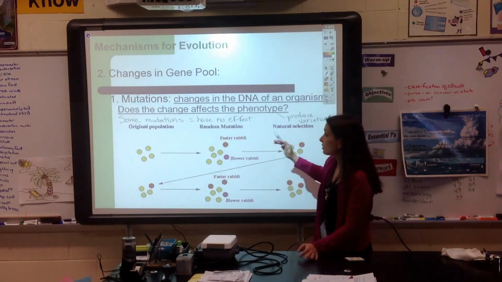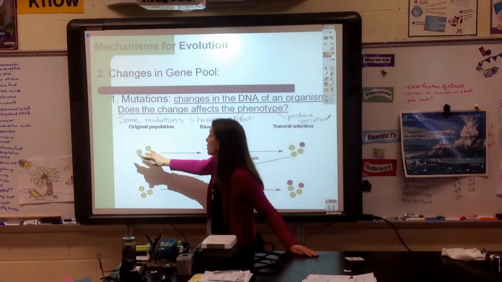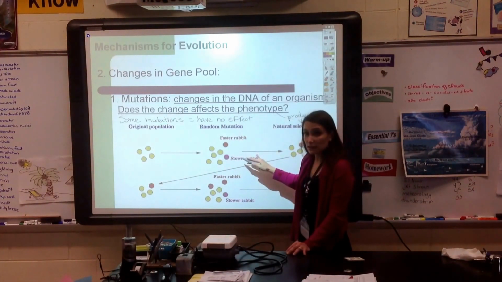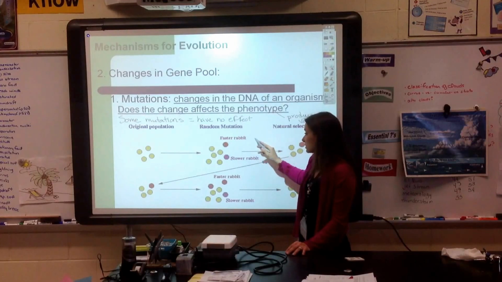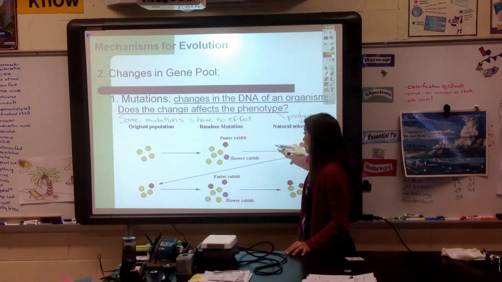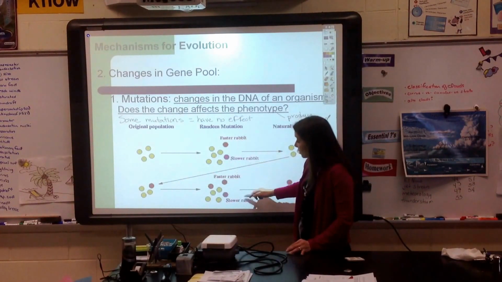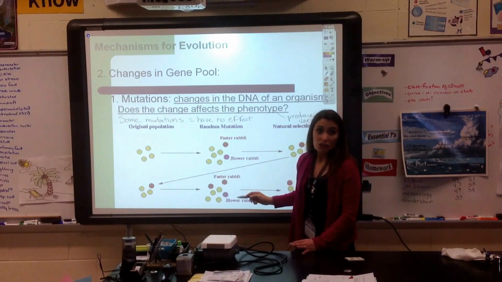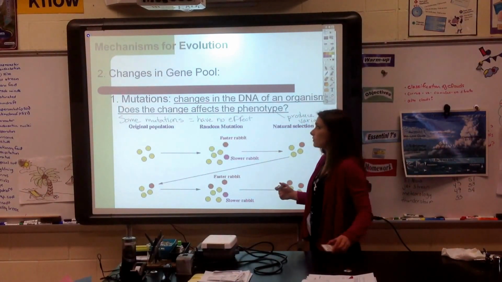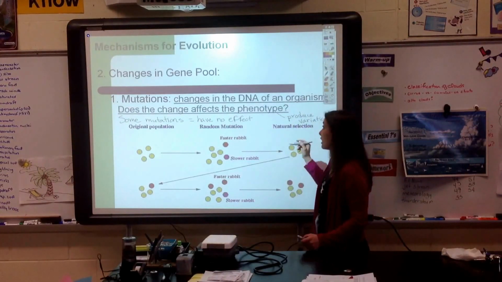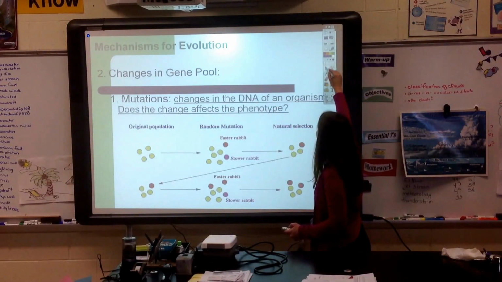So you can see here in this picture that we had an original population, some random mutations that gave us variation, some faster rabbits, some slower rabbits. Natural selection selected the faster rabbits, which continue to reproduce, and any variation that is a disadvantage does not survive. So it is important for us to know that in order for evolution to happen, we have to have mutations.